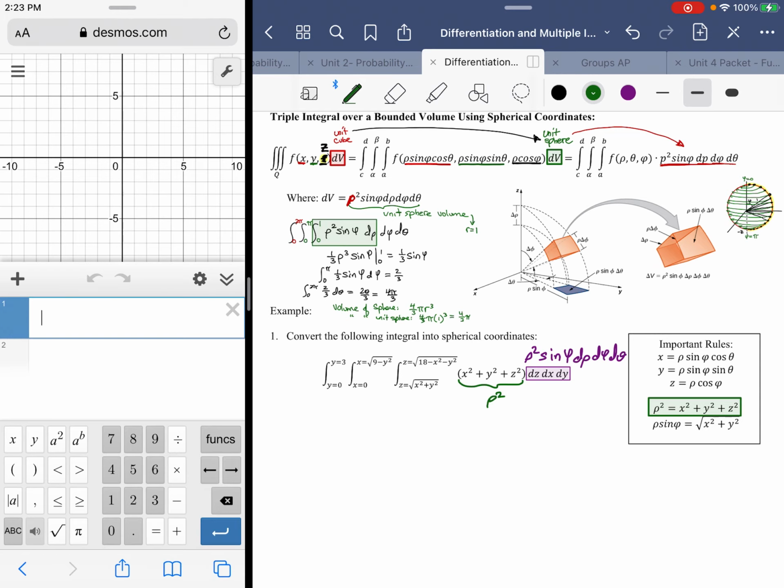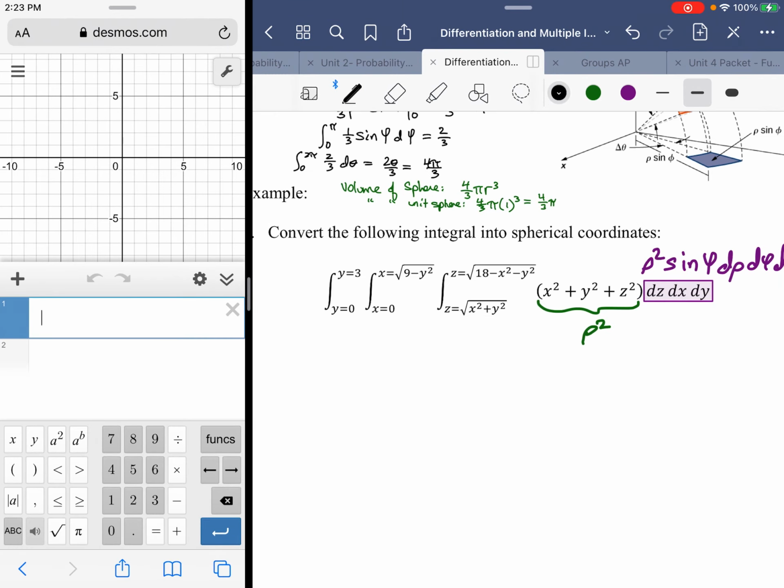All right, so we know that the bounds for the innermost integral are, z equals the square root of 18 minus x squared minus y squared.